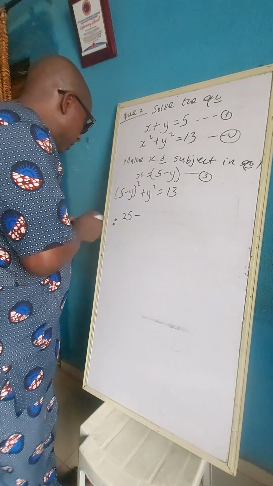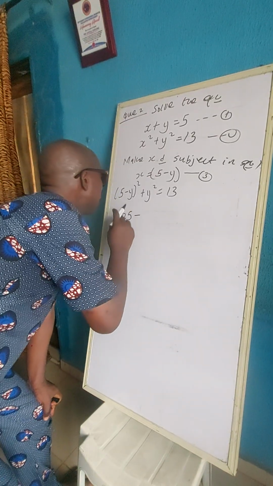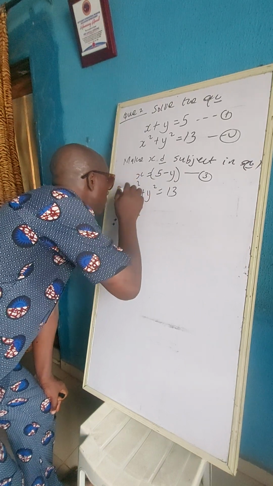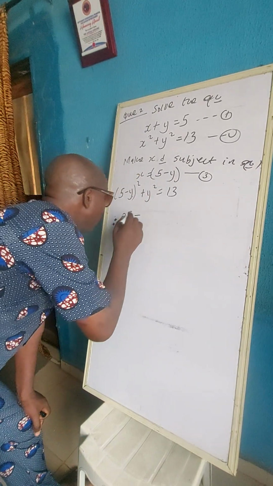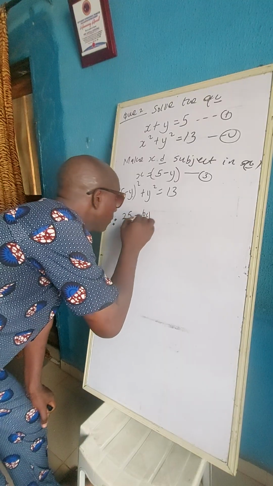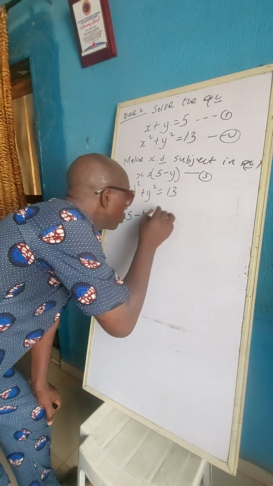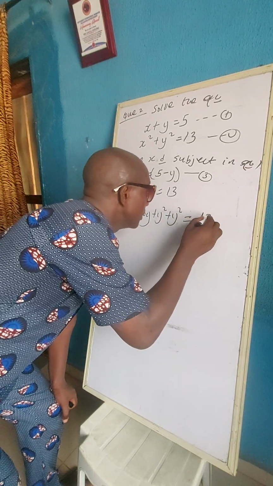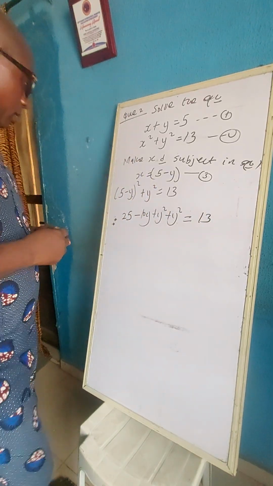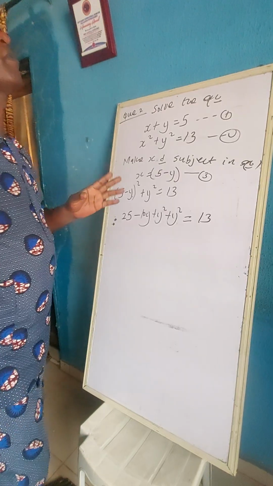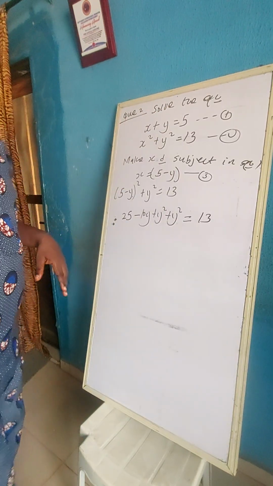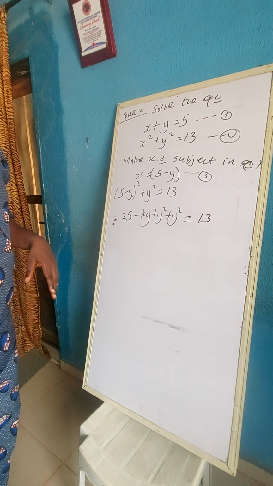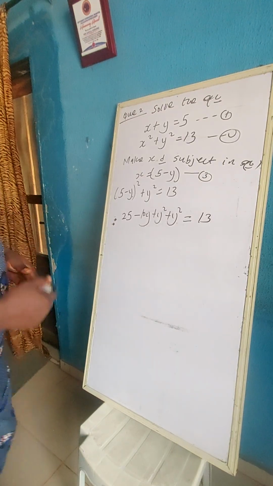When you expand 5 minus y all squared, it becomes 25 minus 10y plus y squared plus y squared equal to 13. Do I get it? Yes. 5 times 5, 25. That's about that.